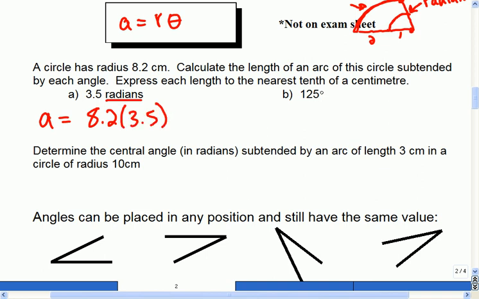So the length of this arc is 28.7 centimeters. Okay. So roughly, I'll just show you a picture of it. It's going to roughly look like this, where this is 8.2 for the radius. This is the length that we calculated, is how far along is this.